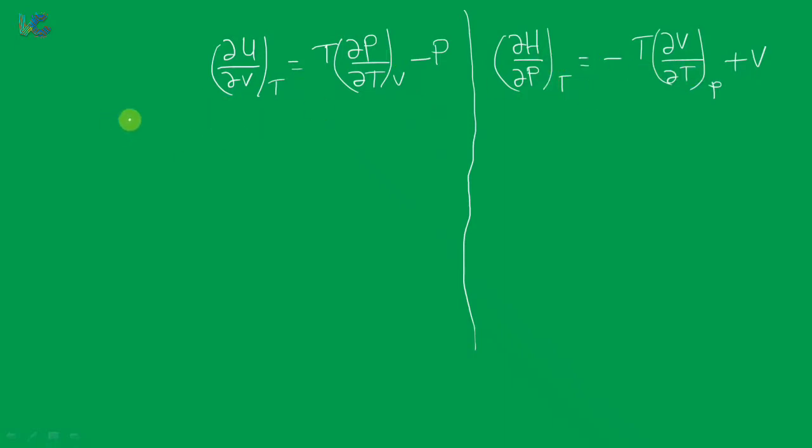Okay, and I will write four gas equations. At first, the ideal gas equation, that is PV equal to nRT.